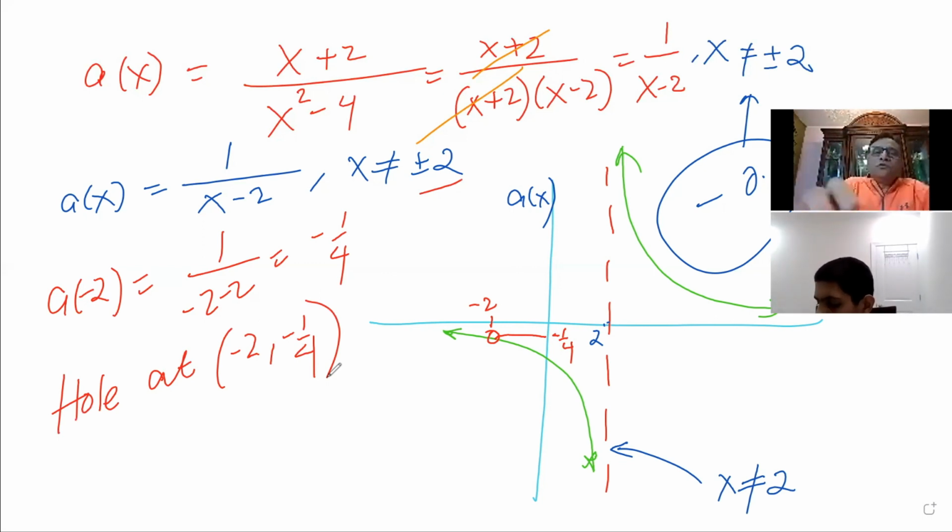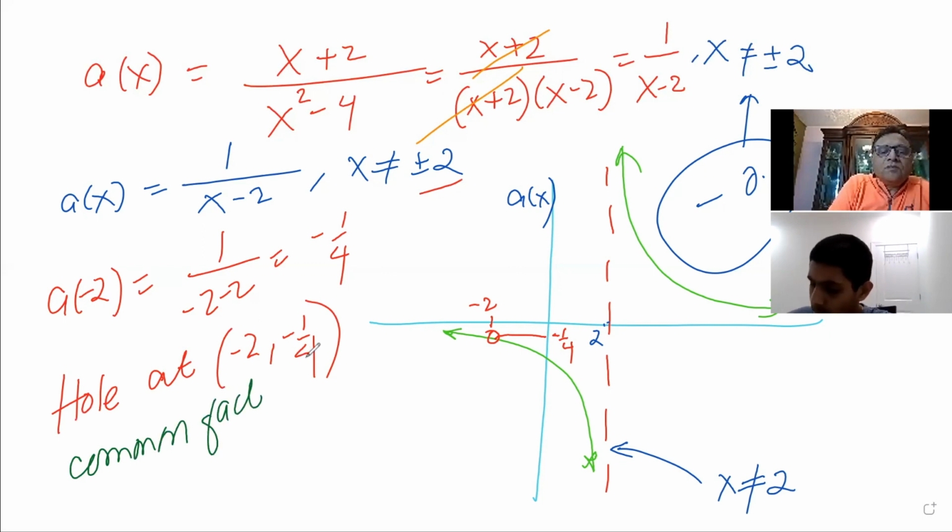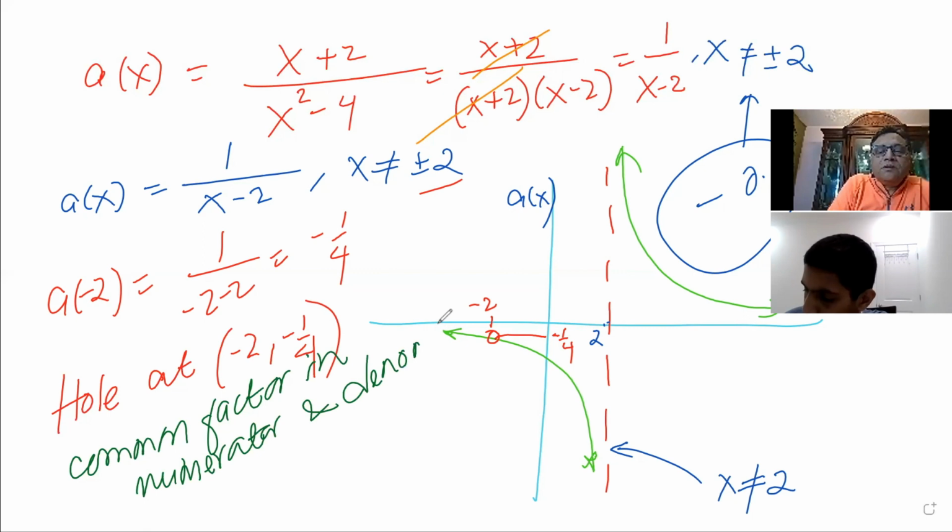Do you see that? So that is the visualization of the hole. So what we notice here is that if there is a common factor in numerator and denominator, then it leads to a hole.